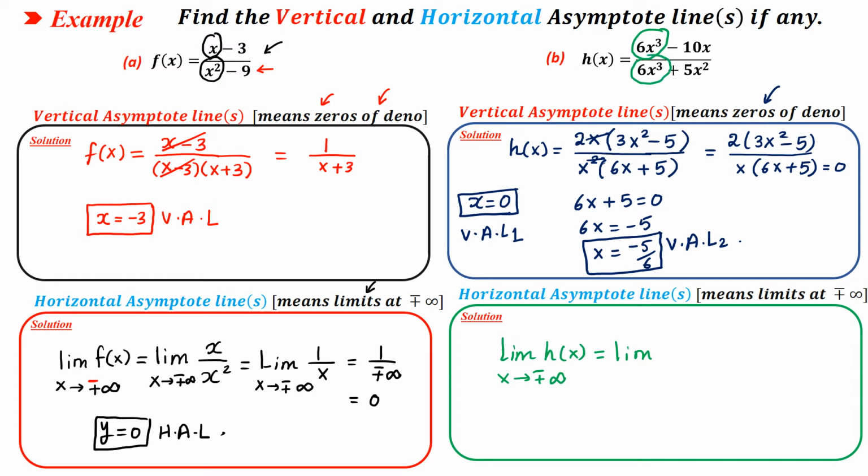So we have 6x cubed divided by 6x cubed when x goes to positive or negative infinity. Cancel x cubed with x cubed, you will get 6 over 6, which equals 1. So the horizontal asymptote line for our question is y equals 1, and we have only one horizontal asymptote line.